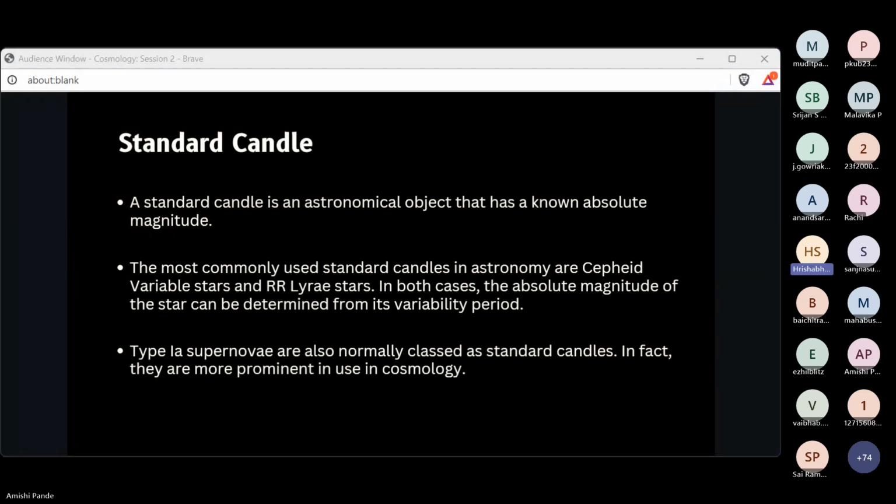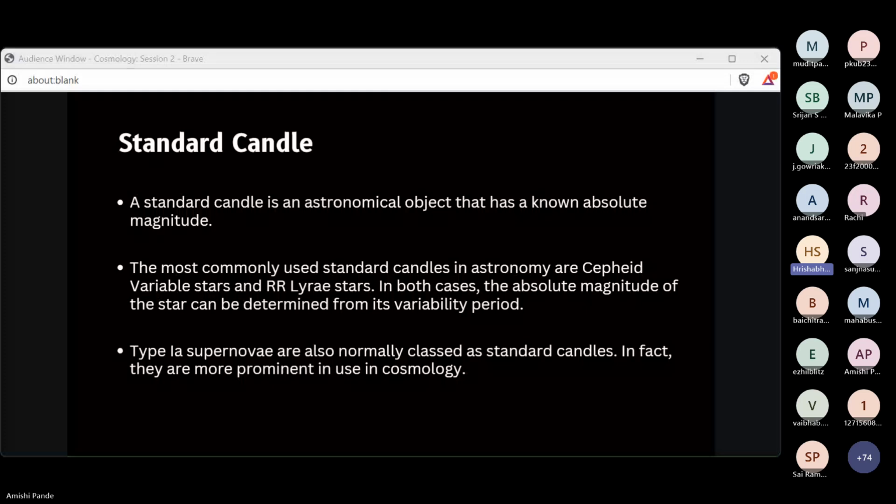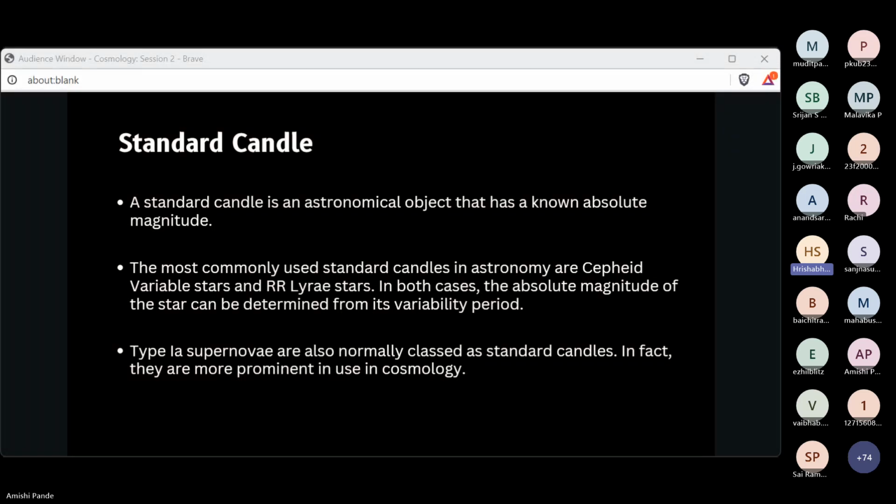Any object? No, we actually cannot. The reason being that it's very easy for us to say, being in a lab, that we have a particular value of luminosity and then we observe its flux and find out what that is.